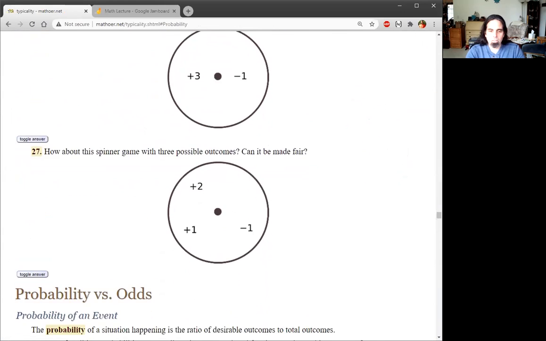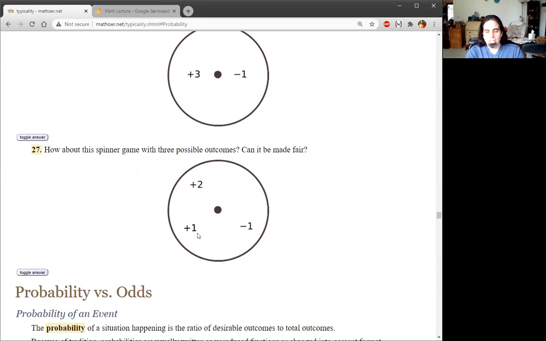Okay, if you really want to test yourself, come back to this online lecture notes. Here is one that will have 3 spaces for the spinner to land, a +2, a +1, and a -1. The -1 will have to be the biggest to balance out the others, but how big to make it? And you can see your answer there.